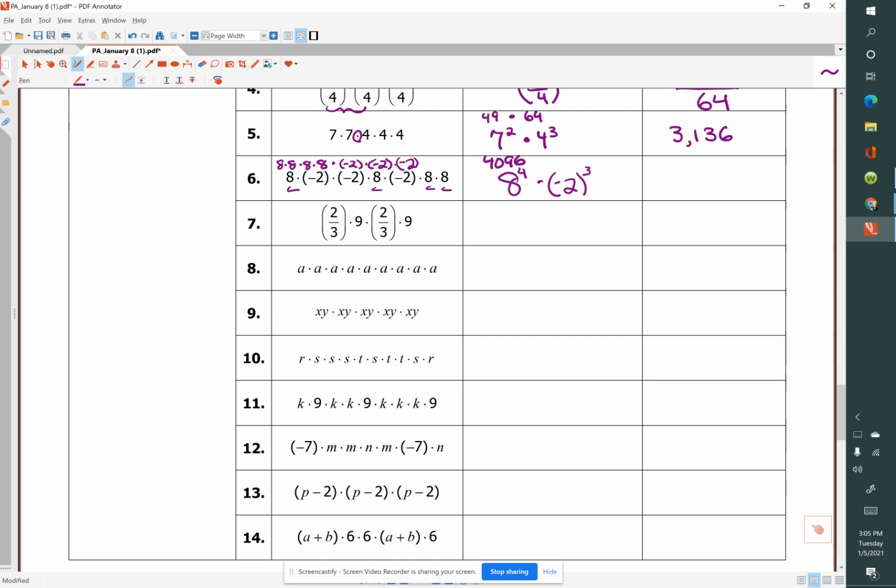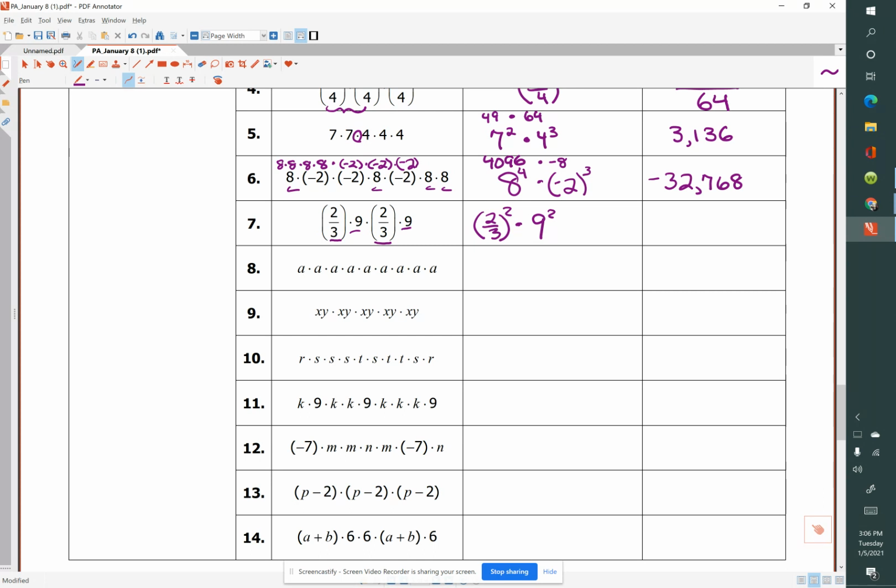And -2 to the third power is -8. And -8 times 4,096 equals negative, because negative times a positive is a negative, negative 32,768. Now, the same thing here. We can reorder this problem so that we have 2/3 to the second power times 9 to the second power, because the 2/3 and the 9 are each repeated 2 times.